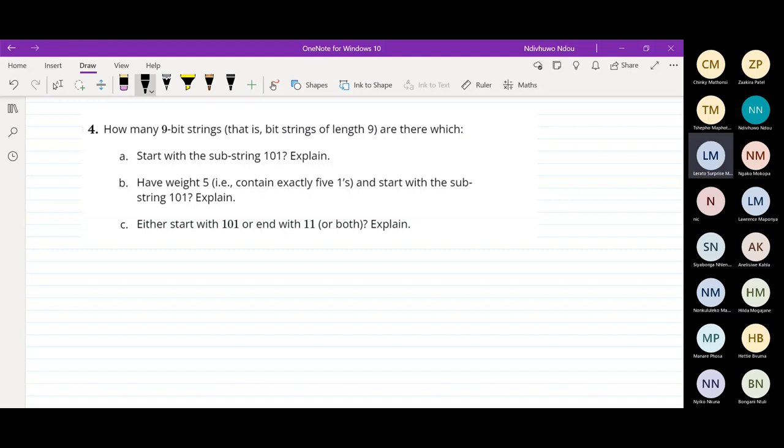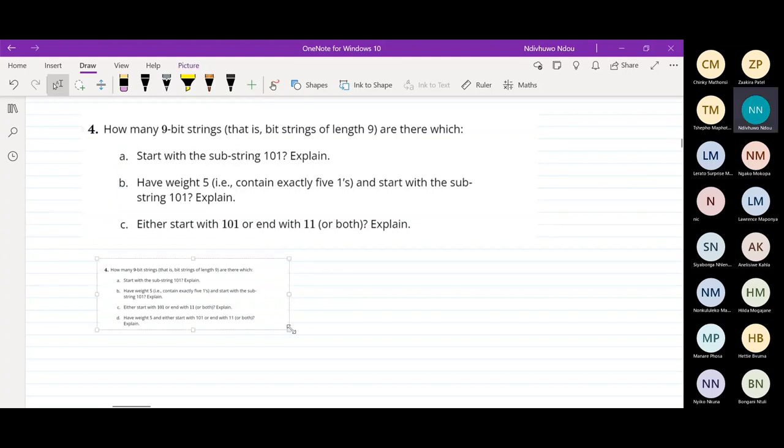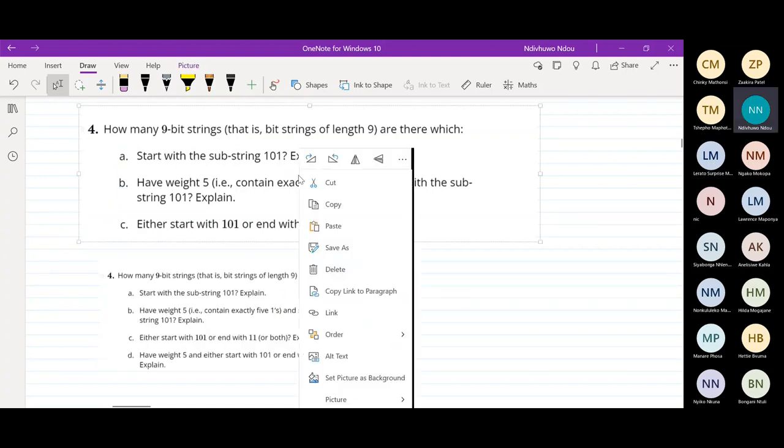Our focus will be on the last ones, C and D. Because I think that's what Lawrence asked. C: either we start with a 101 or end with a 11. Number D says we have a weight of 5 and either start with a 101 or end with a 11 or both.